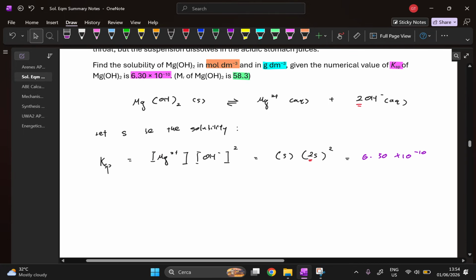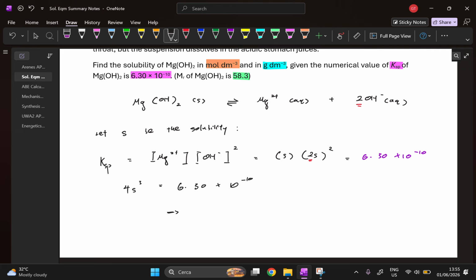If you solve this algebraically, it's not that difficult, it's just an algebraic method. We're going to get 4S cubed equals 6.30 times 10 to the power minus 10. Please just press your scientific calculator, the polynomial solver, to find this. I don't think I need to teach you how to press your SC, right? In any case, if you don't know how to solve polynomial equations using your SC, which, by the way, you should, you can just use your GC. Your GC is allowed in the chemistry paper, by the way.